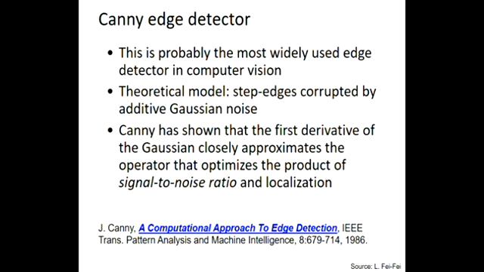That's corrupted by some Gaussian additive noise, meaning you added some random values to it. And Canny showed that the first derivative of the Gaussian closely approximates the operator that maximizes the product of signal-to-noise ratio and localization. So in other words, if you have these step edges with Gaussian noise, then using a derivative of Gaussian filter is a good thing to do.